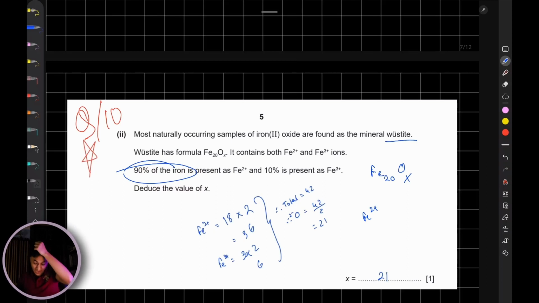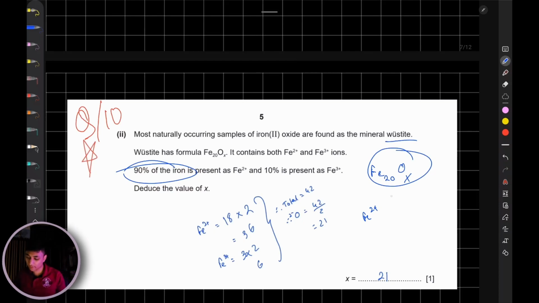Now notice, I have to take into account, since this is not a charged compound, it does not have a charge, the net charge is 0. So the number of oxygen atoms that will be present in this compound has to provide the same charge but negative compared to the positive charge of this compound.